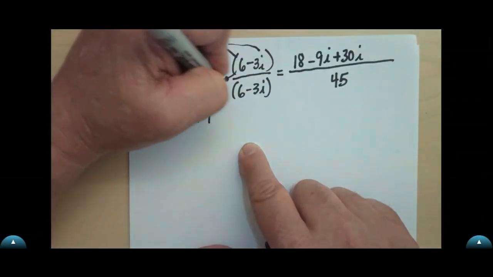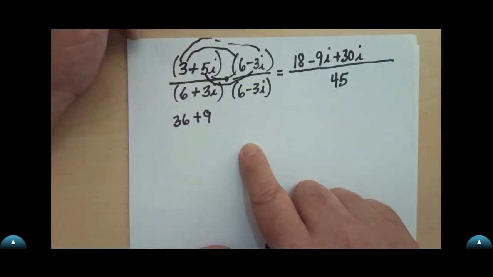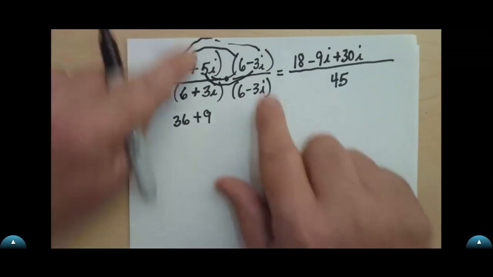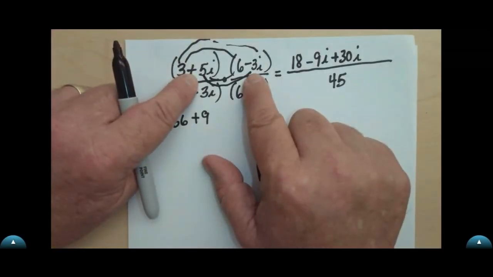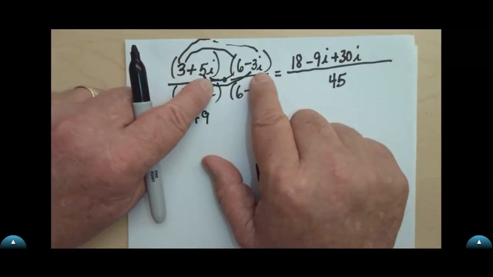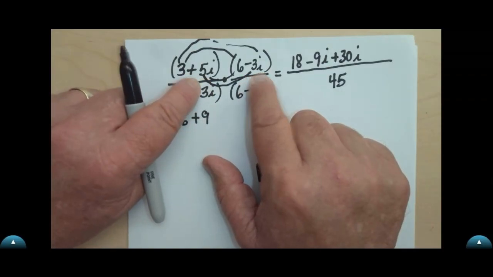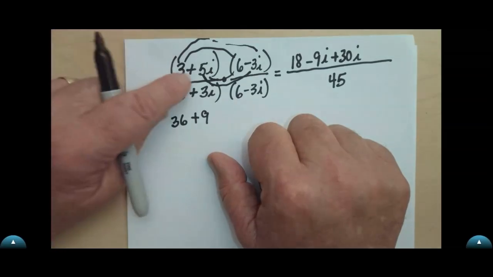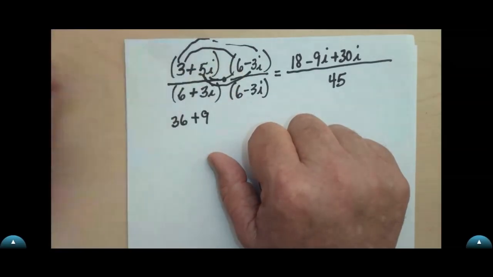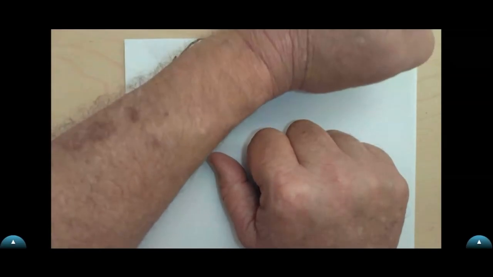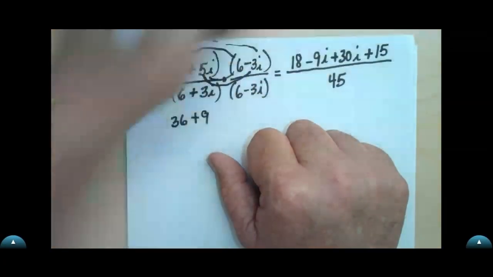And finally, 5i times negative 3i. Now, 5 times negative 3 is negative 15. I times I is I squared, which is really negative 1. So negative 15 times negative 1 is positive 15. So 5i times negative 3i is actually positive 15.